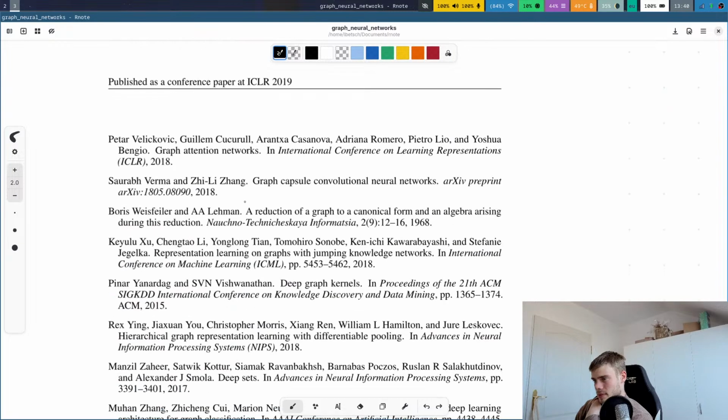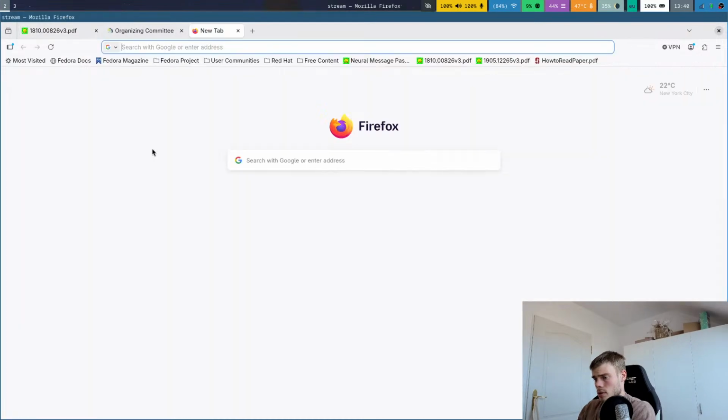The dropout paper. Graph attention networks. Okay, they already cited this here. So the graph attention was prior to this. I wonder in which context they cite it. So Petar Velickovic.